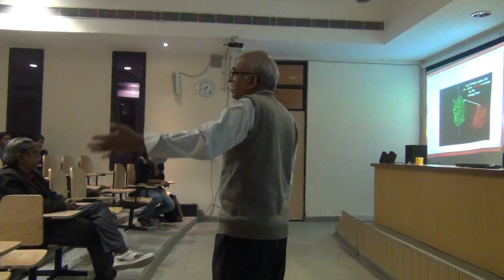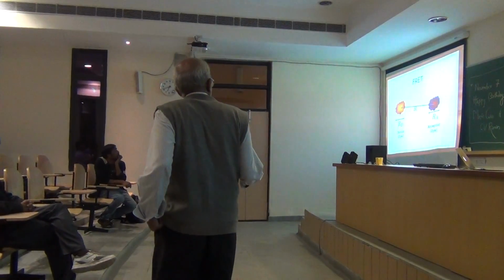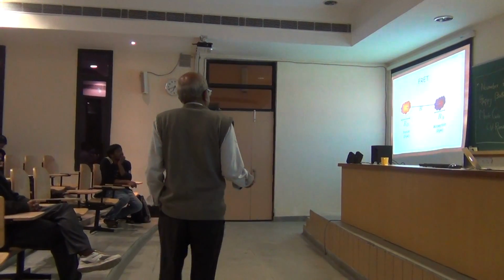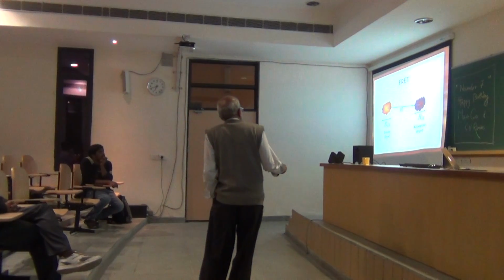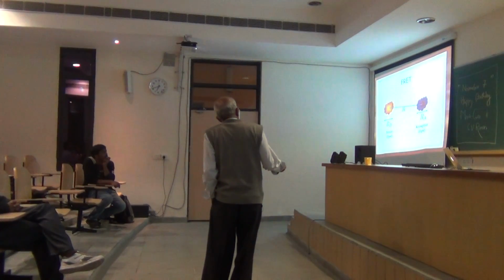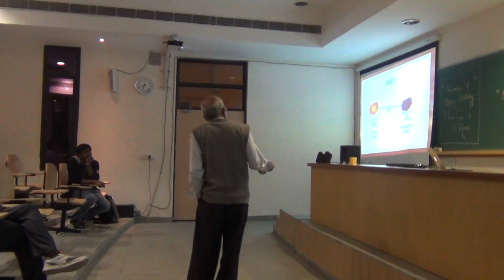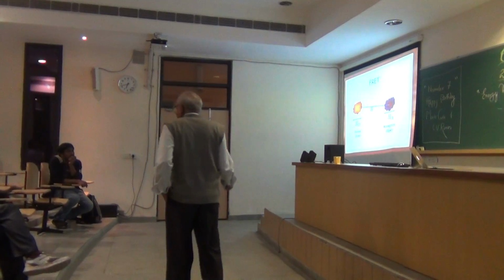Because if you went to 100 angstroms, there is almost no transfer, very little transfer. Now this is a kind of notation that I will use. This is my donor, that is my acceptor, and the distance between them is this capital R. I will have the typical size of the donor as R_D and the typical size of the acceptor as R_A.